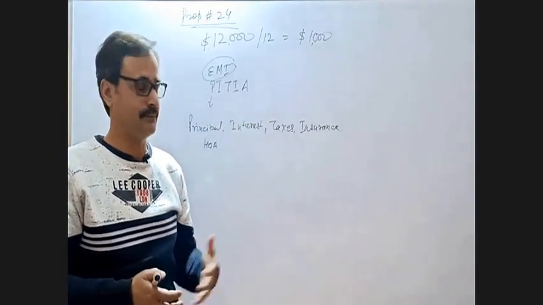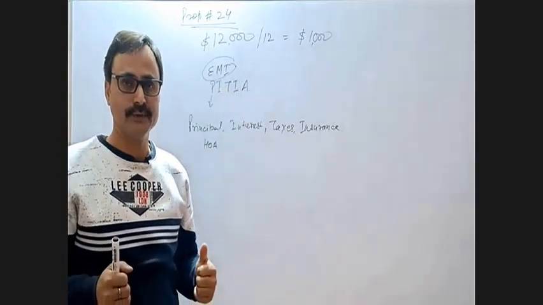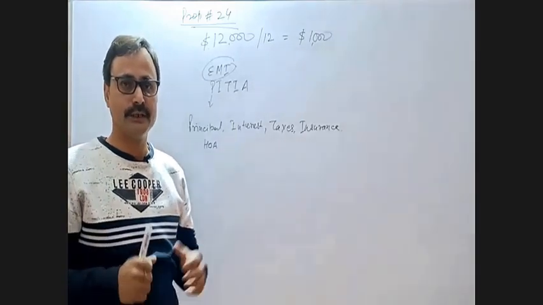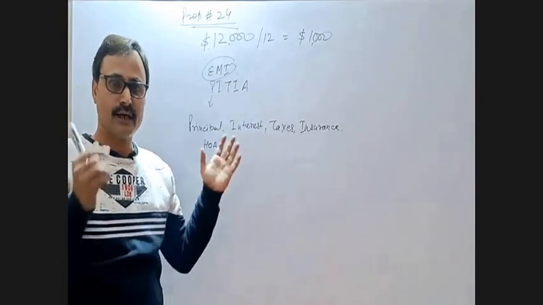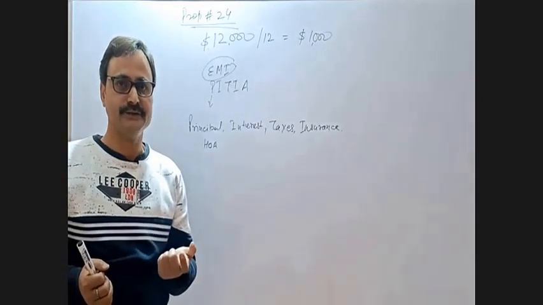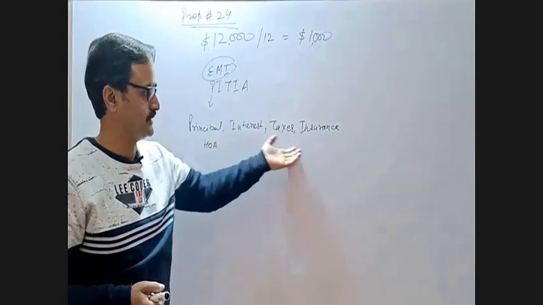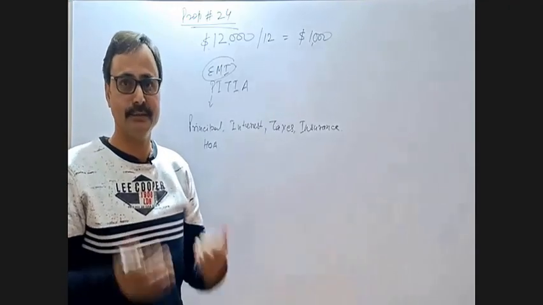I might need a mortgage on that property, so I will be taking a loan, there would be an EMI, plus other expenses as well. Only after paying all these expenses, whatever amount remains behind, that will be my income.